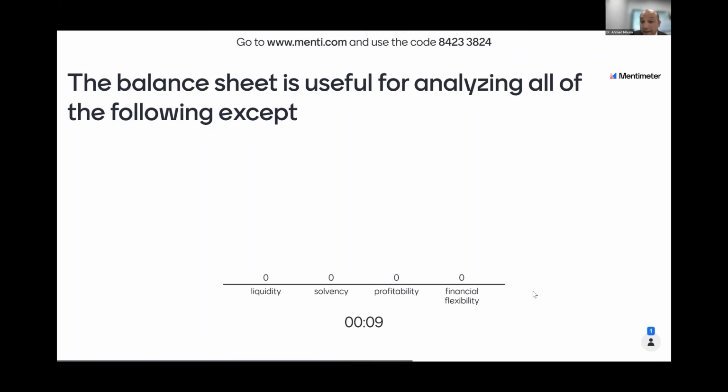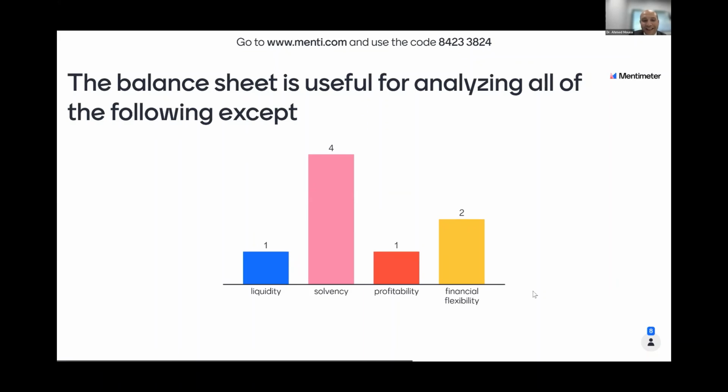So when we do analysis, I like when you answer incorrectly, because we learn from our mistakes. The balance sheet is good to know about liquidity because it has your assets.